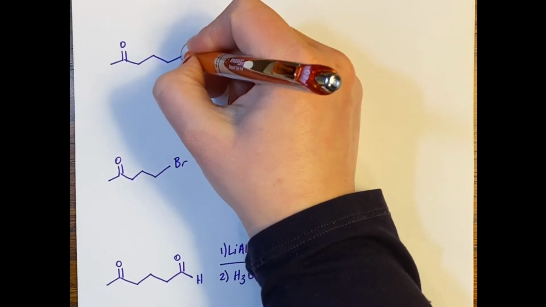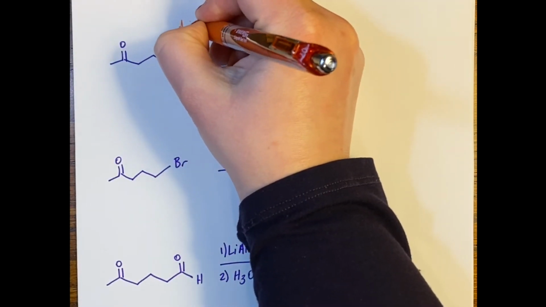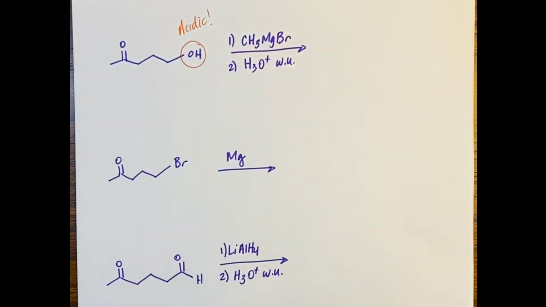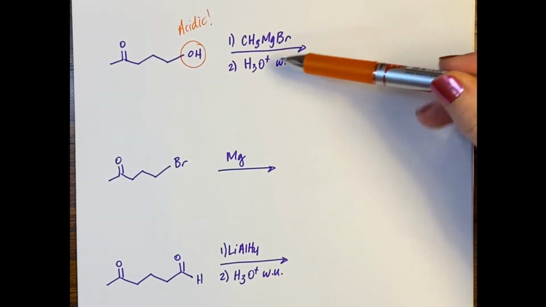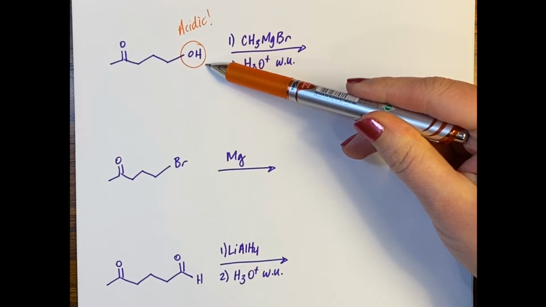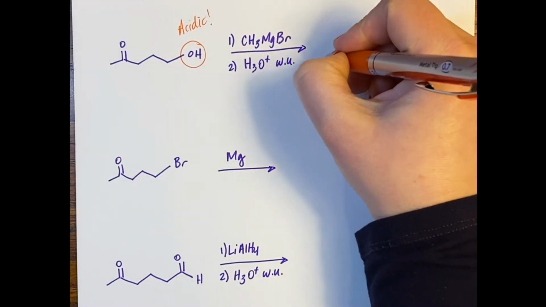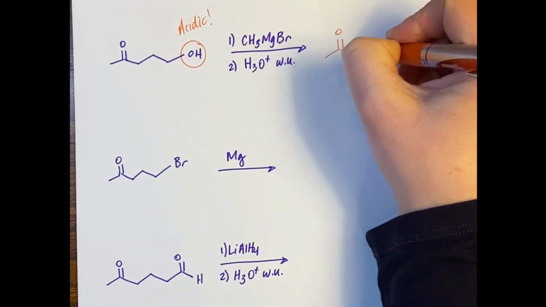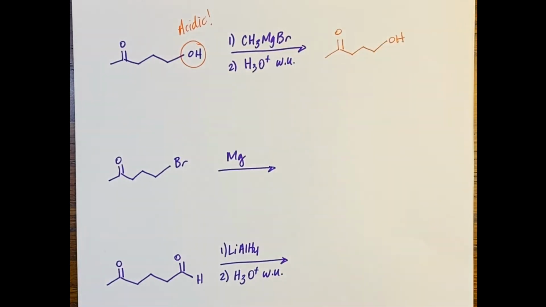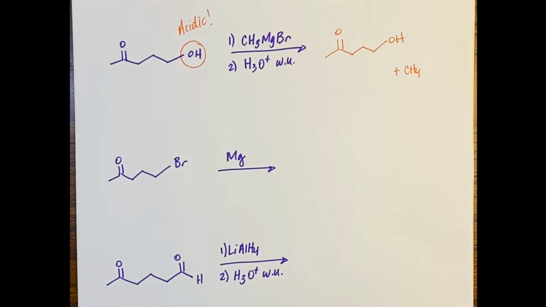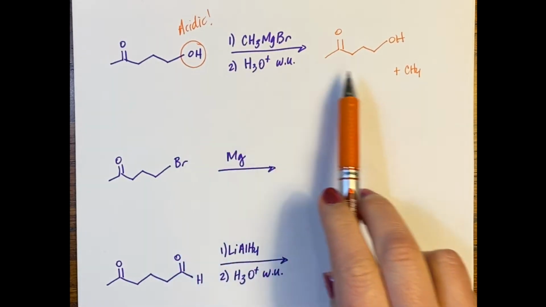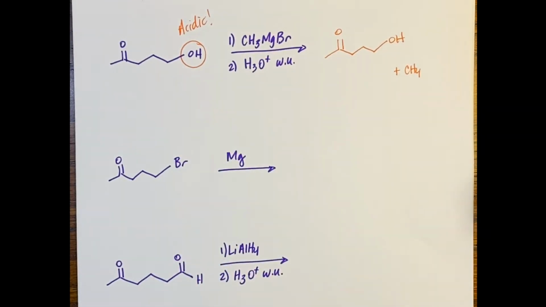But the fact that this alcohol is acidic poses a problem, because this Grignard reagent, being a strong base, will simply grab that proton. The products that we isolate out of this reaction will be our original starting material plus a molecule of methane, which comes from that Grignard reagent grabbing that proton and essentially ruining all the reactivity that our Grignard reagent will have.